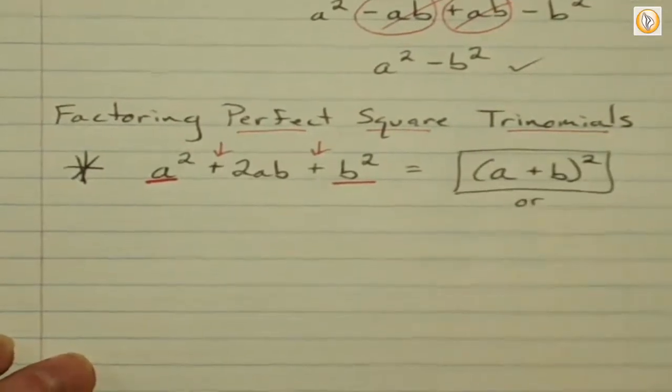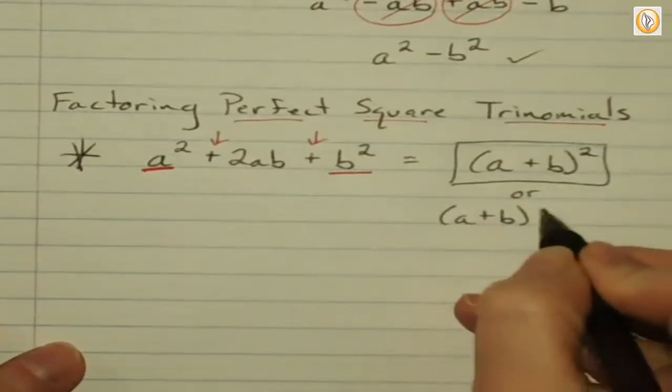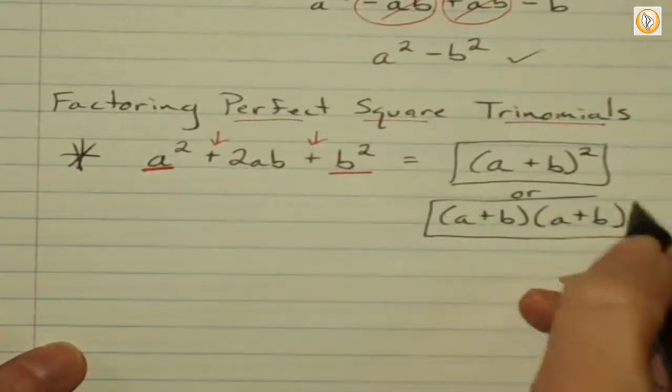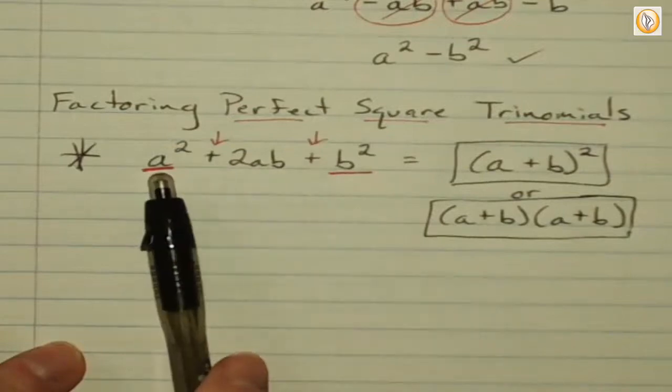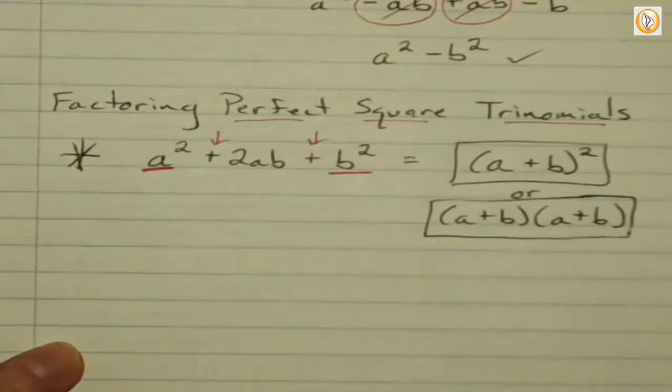Or, it's okay, a plus b times a plus b. Same thing. That's if you have a trinomial with a perfect square as the first term, last term, and they're both pluses. They will always work out. Now you may write and underline with your pen.